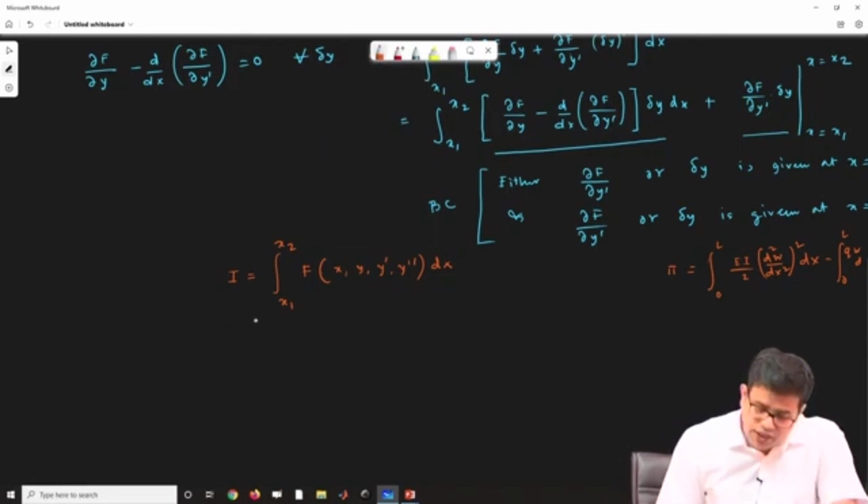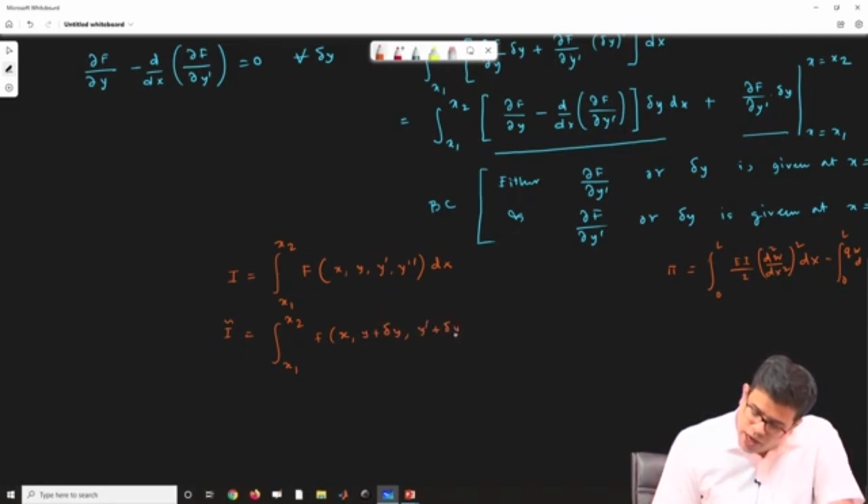The Euler-Lagrange equation is found the same way that we did it. So I tilde we can write in this way, that is the integral from x1 to x2 of f of x comma y plus delta y, y prime plus delta y prime, y double prime plus delta y double prime.